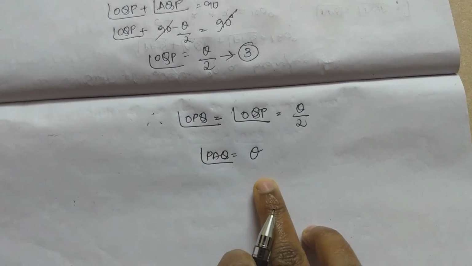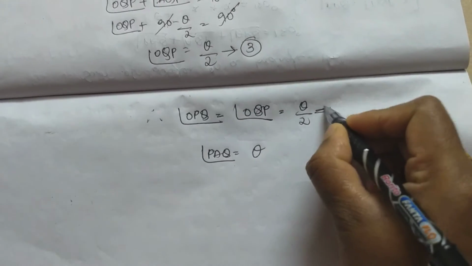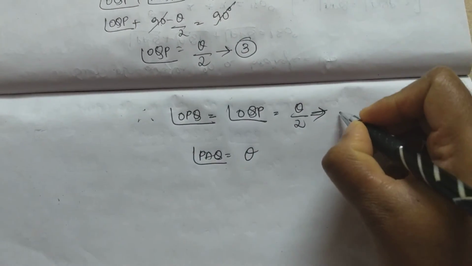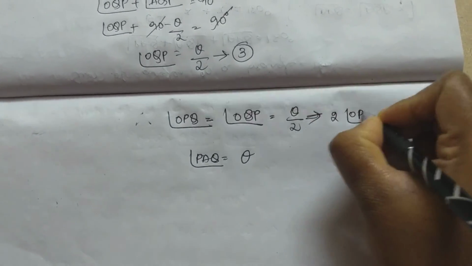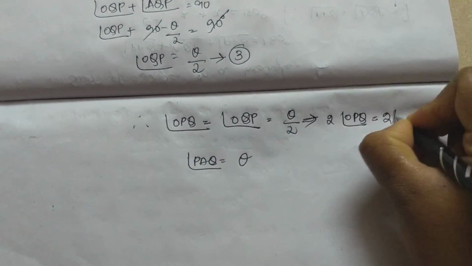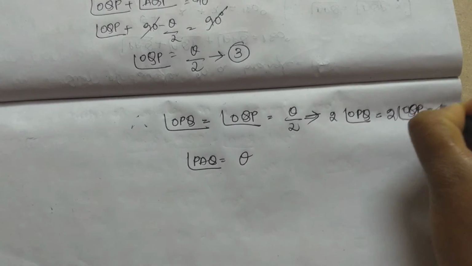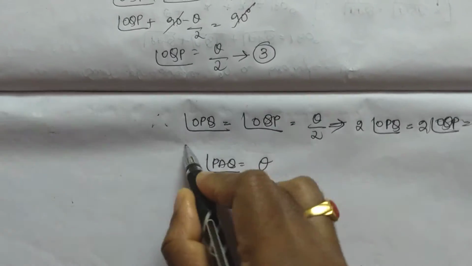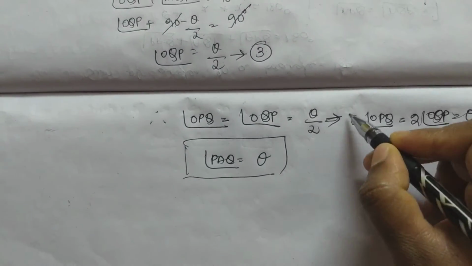So in the next step, can I send 2 to the left hand side? So what does it become? 2 angle OPQ equals 2 angle OQP equals theta. And angle PAQ equals theta.